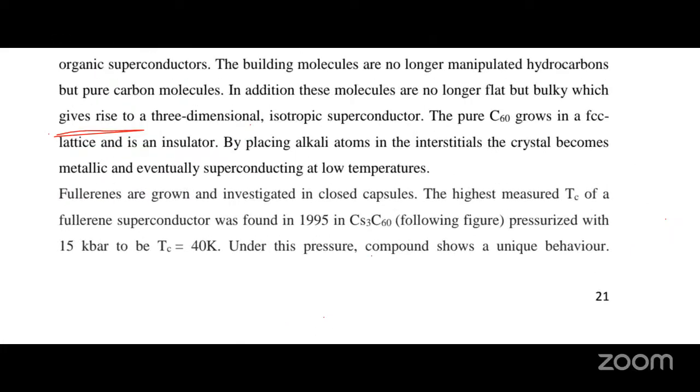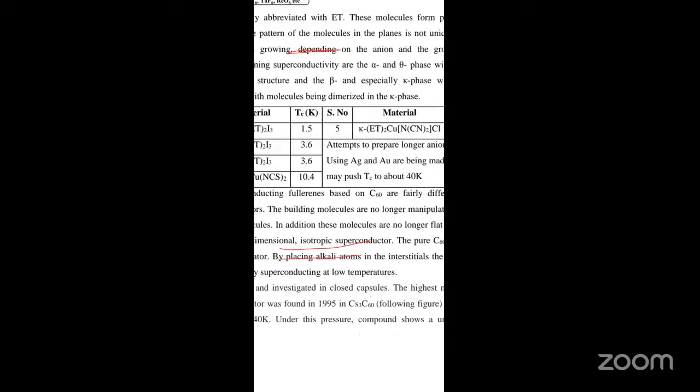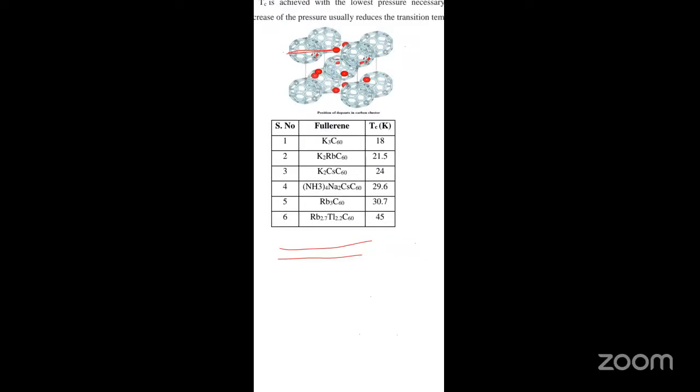Fullerenes are grown when enclosed in closed capsules. The high-temperature fullerene is observed at Cs3C60, which shows superconductivity behavior at 40 Kelvin. Just observe this.